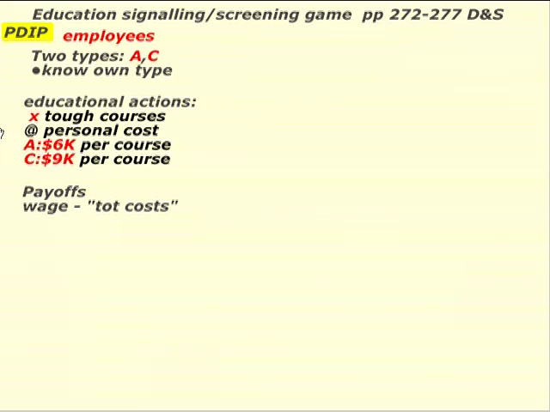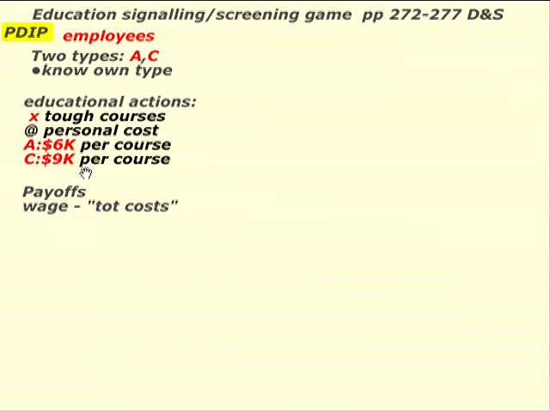You can play around with numbers later on as to what happens when this difference is large or small, but for the moment we're going to follow the text and think that for an able person to do a tough course, the cost per course is $6,000. For a challenge person, C-type, it's $9,000 per course.